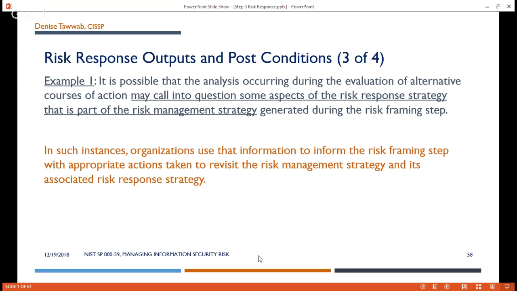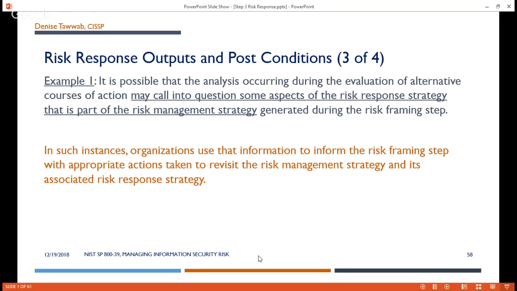It is possible that the analysis occurring during the evaluation of alternative courses of action may call into question some aspects of the risk response strategy that is part of the risk management strategy generated during the risk framing step. In such instances, organizations use that information to inform the risk framing step with appropriate actions taken to revisit the risk management strategy and its associated risk response strategy.